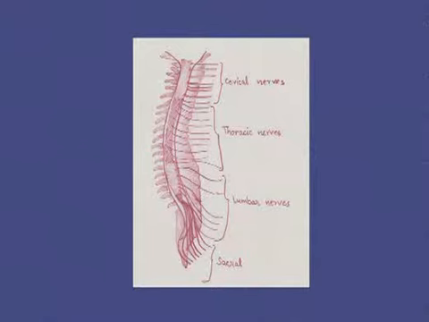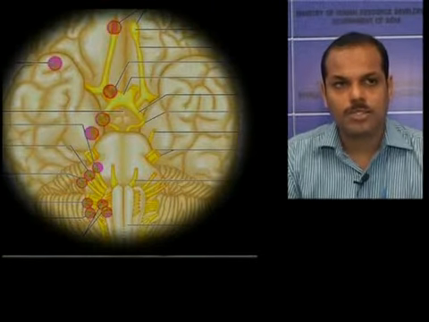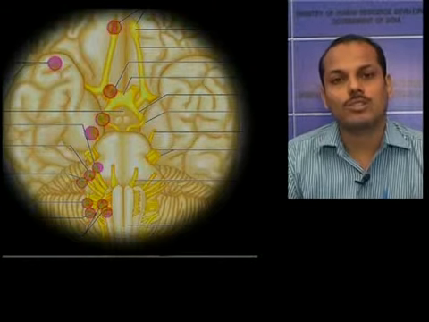Cranial nerves bring information from the CNS, mainly the brain, to the periphery, and from the periphery to the brain. These are numbered 1 to 12.